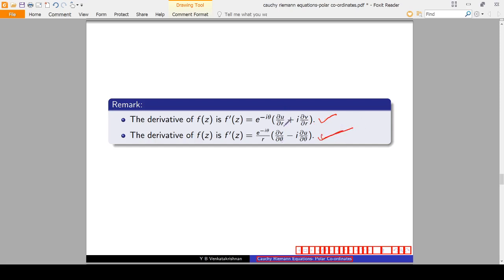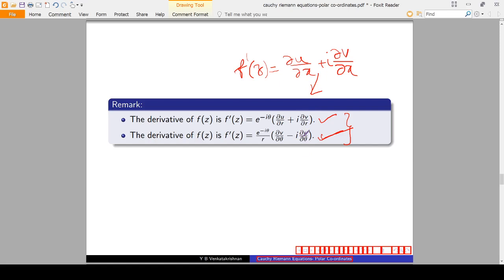And of course, here you should also remember these two. This can be obtained from the formula f dash of z equal to ∂u/∂x plus i into ∂v/∂x. Using that, you can calculate these two formulas, and similarly the other one.